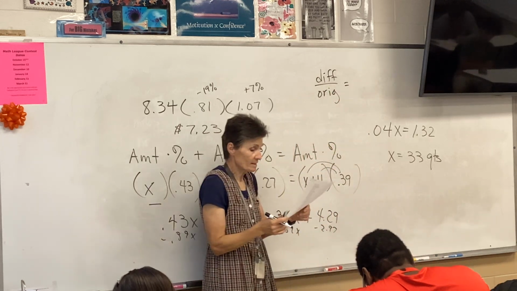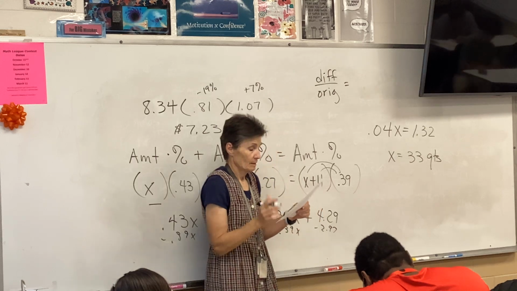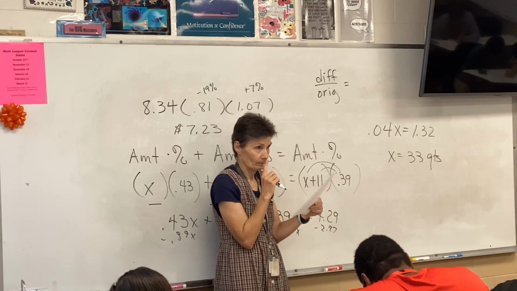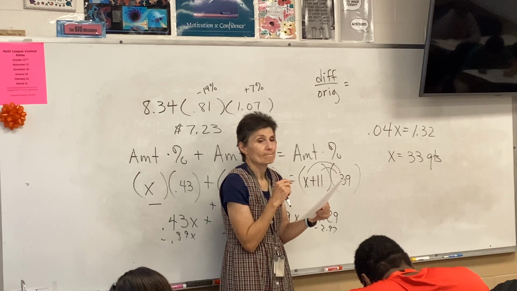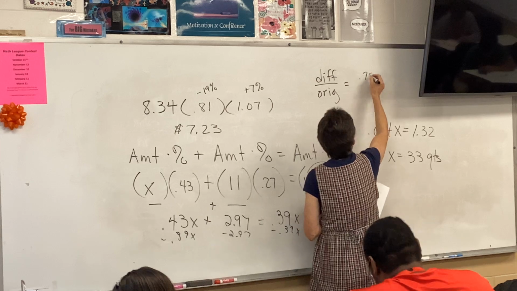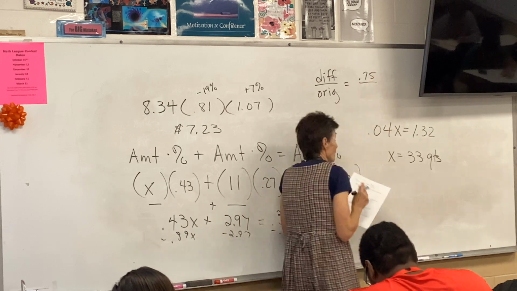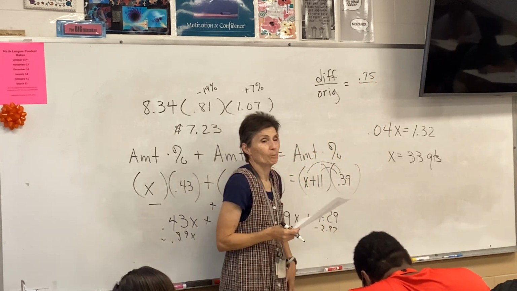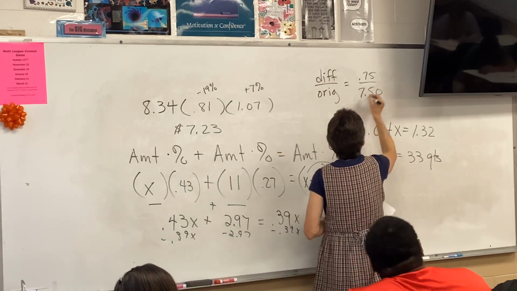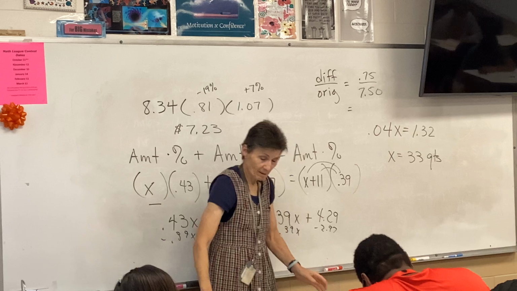So what is the difference? What's the difference between last year and this year's price? 75 cents, right, 0.75? What do I use as the original price? 7.50. And then I type that into my calculator.